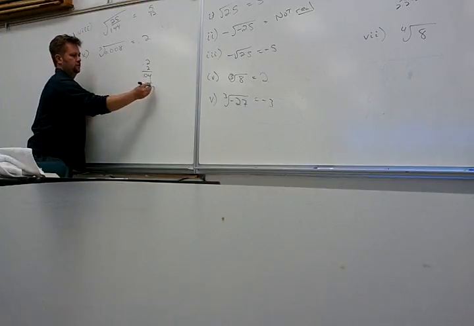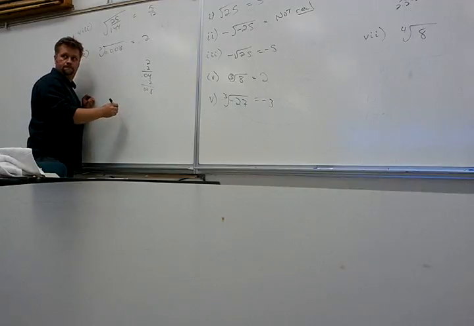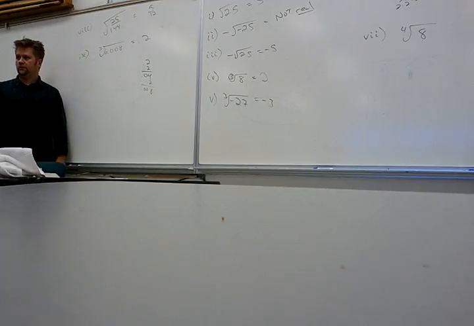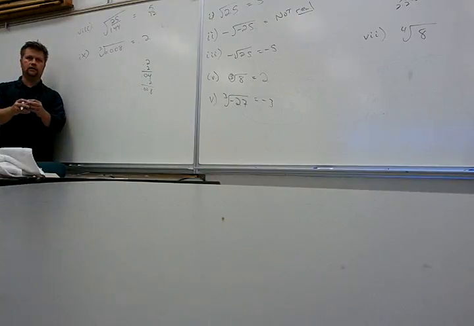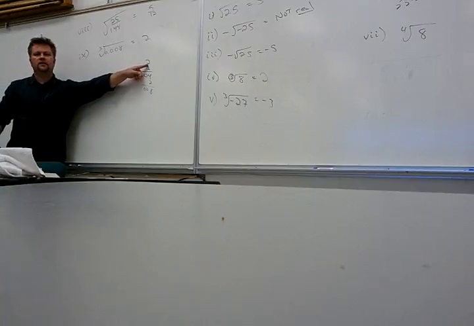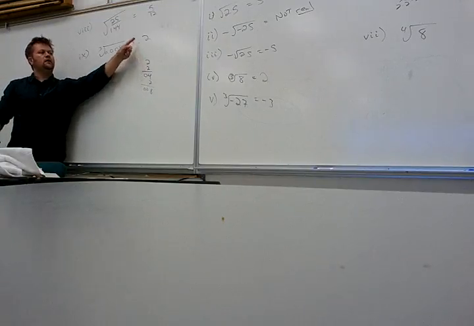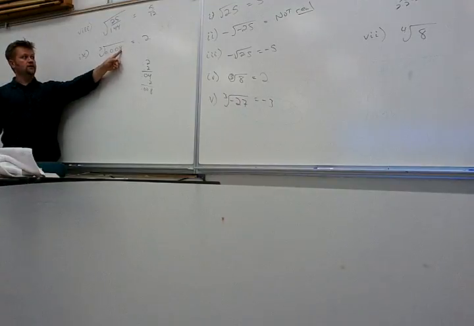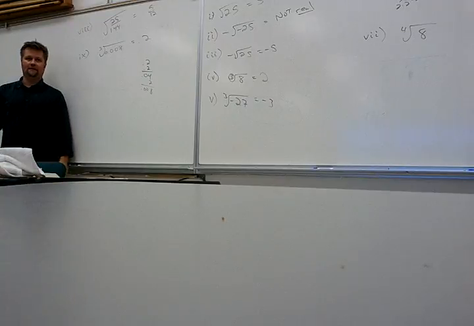Times another 0.2. 0.008, 1, 2, 3 places. Right? Do you guys see that? When a decimal multiplies by another decimal less than 1, it gets even smaller. Because what does a decimal really mean? A decimal means a percentage. So this is like 20% of 20% of 20%. That's a damn small percentage. It actually comes out to be 0.8%.